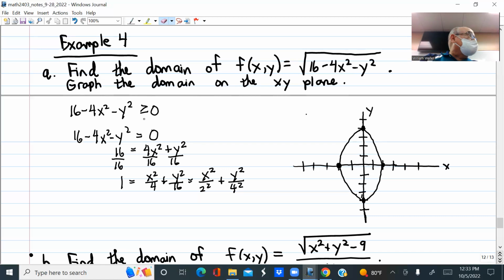Which is greater than or equal to 0. So the origin is a solution. That means the origin is in the domain. And so there you know what the rest of the domain is. It's everything inside of that ellipse. Everything inside of that ellipse is the domain of that creature.